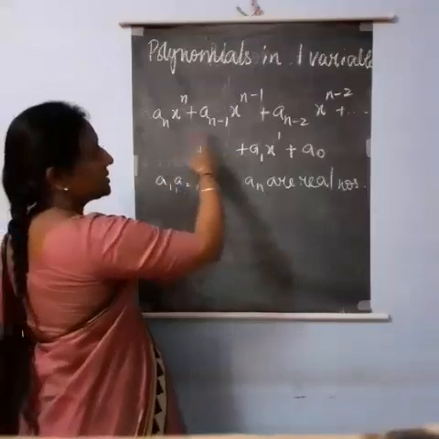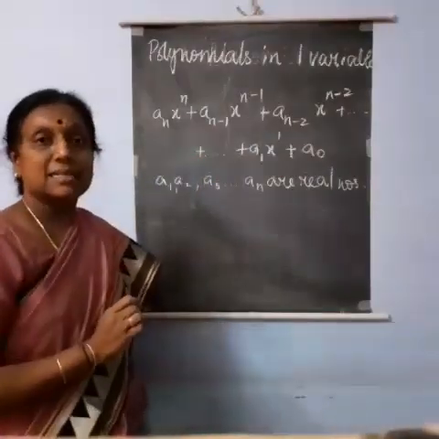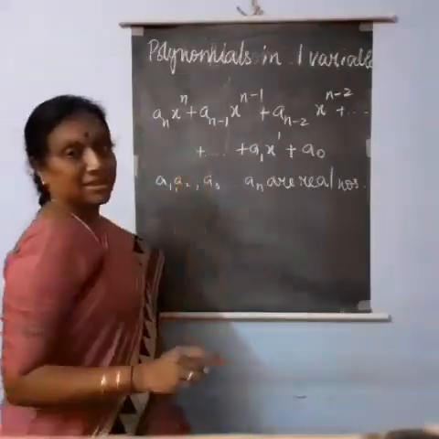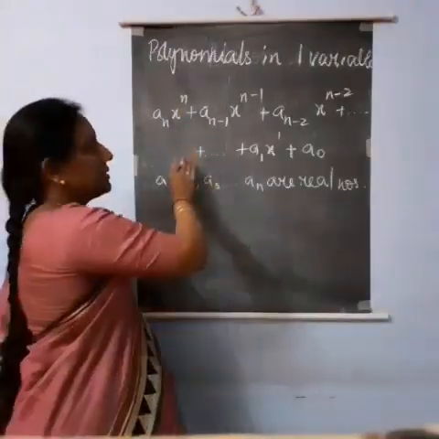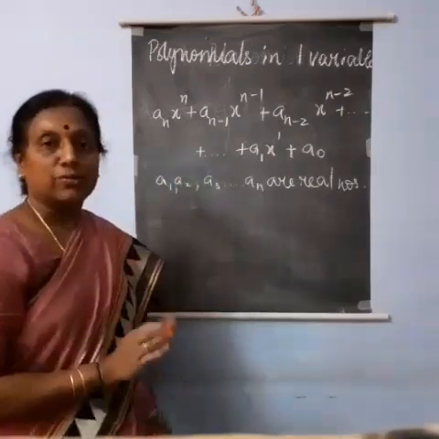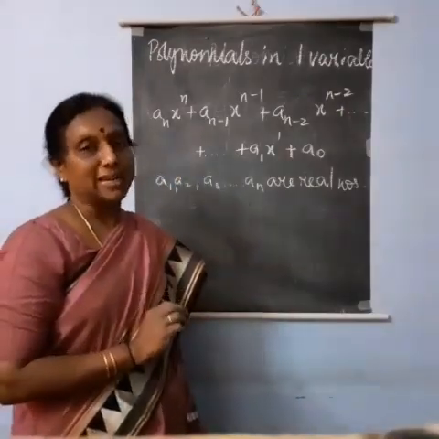Now what is the degree of this polynomial? The degree will be n. So this is the general form of a polynomial of degree n.